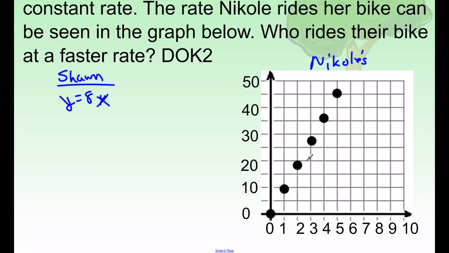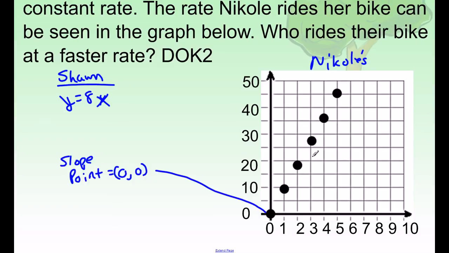So I'm going to take this graph and write it as an equation. For the equation, I need a slope and a point. I'm going to use the point 0, 0 because it's easy. And the slope, let's see, I go up 10 over 1. Maybe it's not quite 10, because this is not up 10 more.